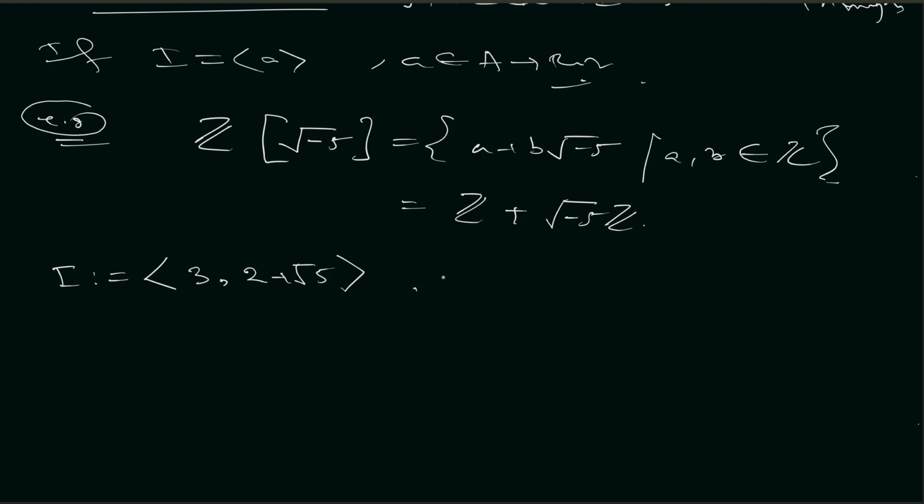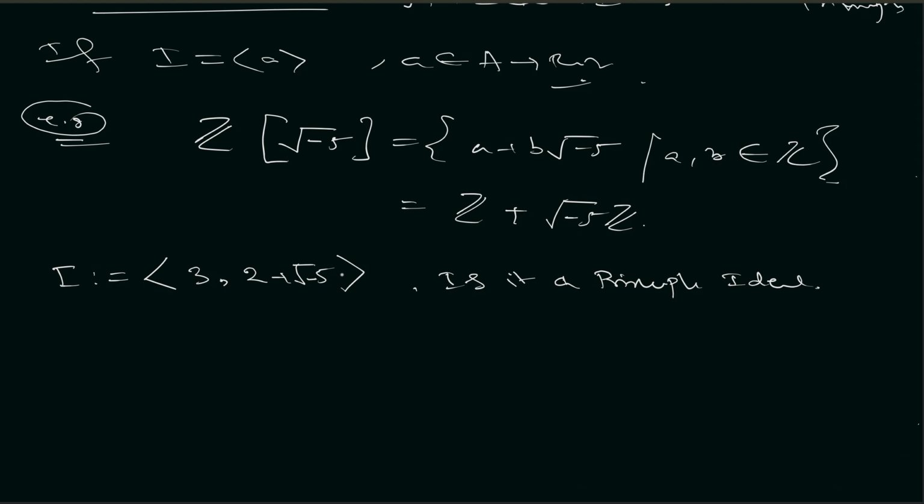Is it a principal ideal? Somebody could say that this ideal is generated by two elements, 3 and 2 plus √-5, so it cannot be principal. But who told you that these two elements cannot be generated by some one element? If you argue that this ideal is generated by two elements so it cannot be principal, it is a wrong argument.